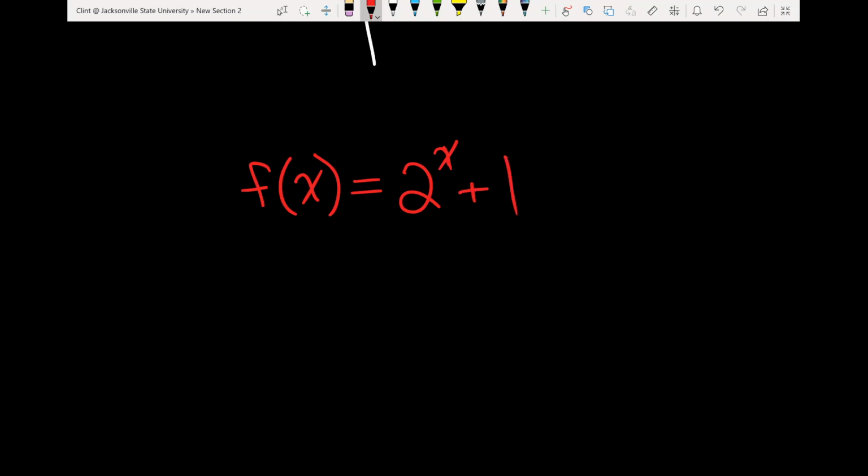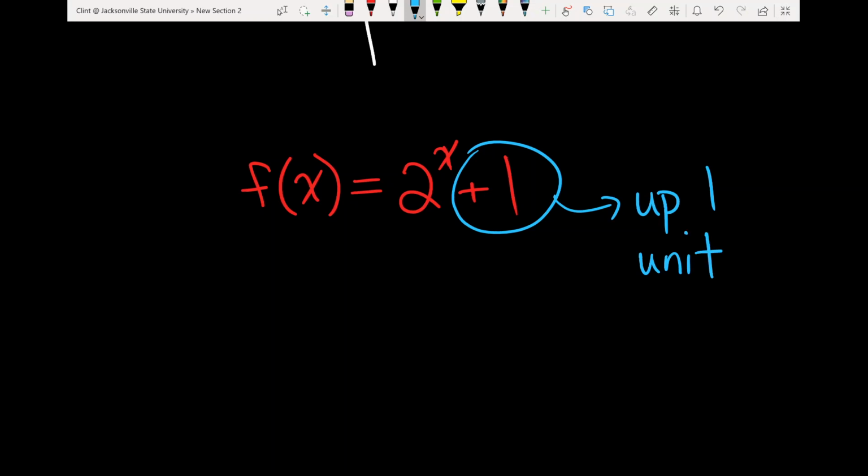Well, if we do that, just like with our other functions, we've just got this plus 1 tacked on to the end. That means we're just going to take our graph and shift it up 1 unit. If it was negative, we would shift it down however many units. So hopefully that's pretty familiar.